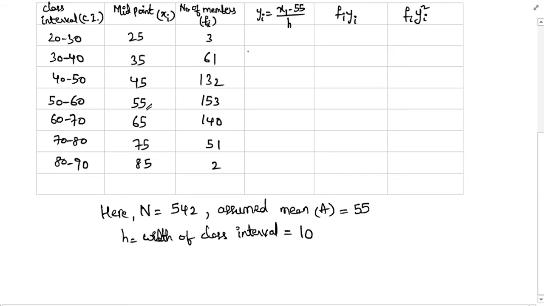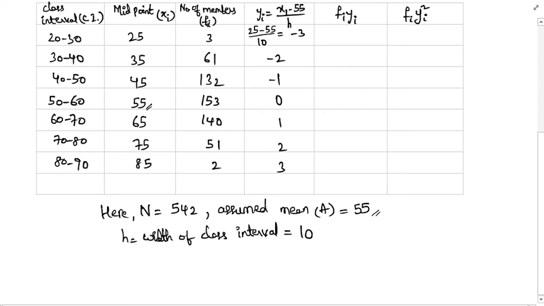Now we'll substitute those values in this table. yi will be equal to xi, which is 25 here, so 25 minus 55 by 10 is equal to minus 3. Similarly this will be minus 2, minus 1, 0, 1, 2 and 3.